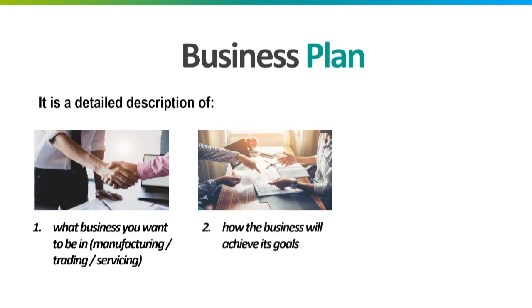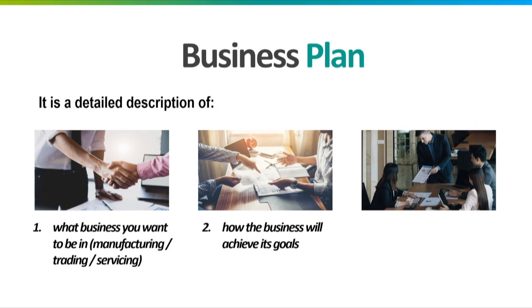Secondly, how the business will achieve its goals, because when we make a business plan, we provide details regarding the infrastructure requirements, the manpower requirements, materials, financial resources and their mobilization and management and financial implications. So, through all these different parameters, we will try to ascertain how the business will achieve its goals. And thirdly, when would that happen? That means the timeline or the implementation schedule.